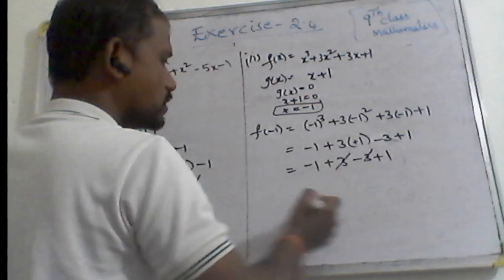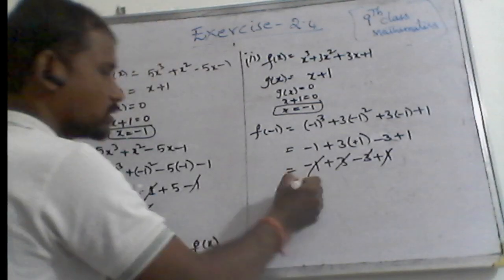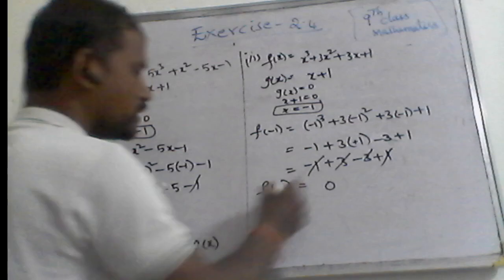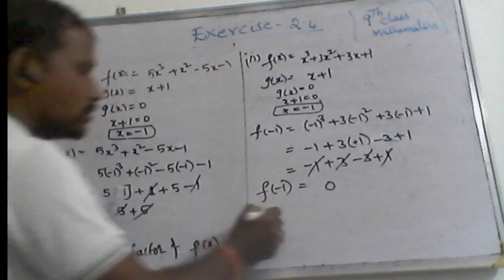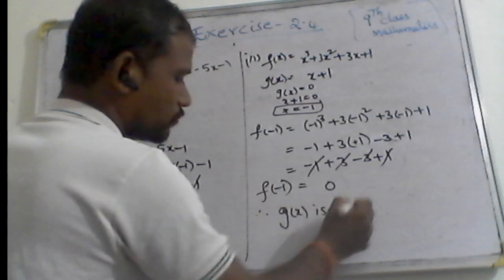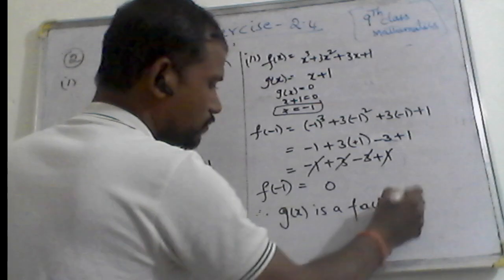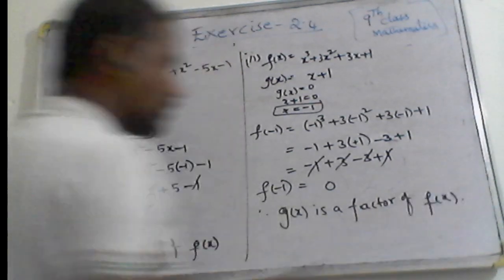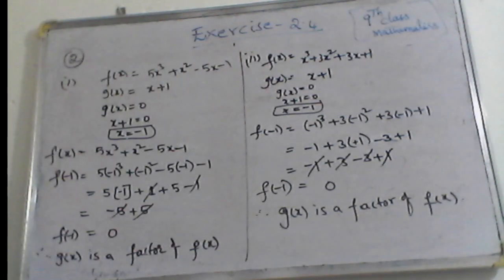Plus 3 minus 3 get cancelled, minus 1 plus 1 also get cancelled, 0. F of minus 1 equal to 0. Therefore, g of x is a factor of f of x.